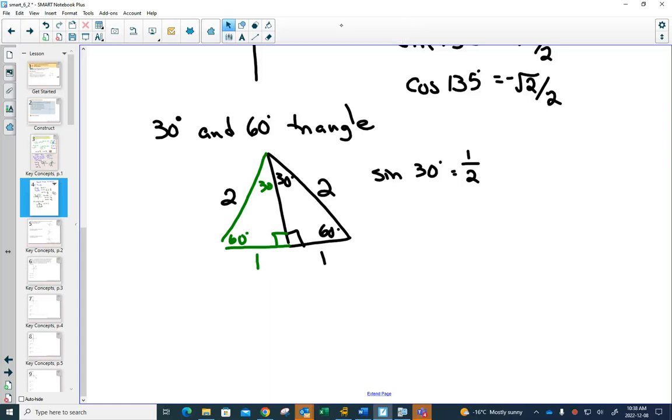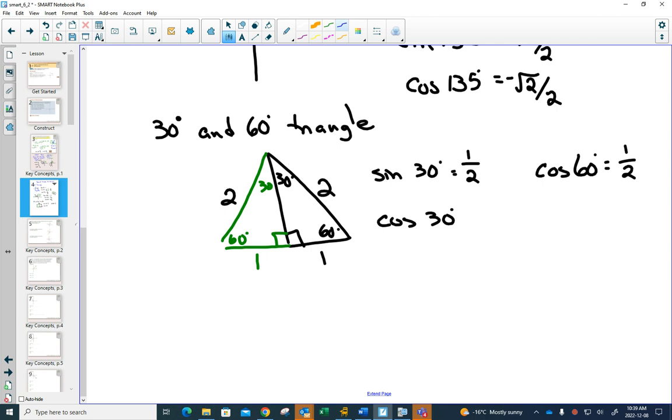Which other one could we do so far? Can you see that you could also do cos of 60? Cos of 60, adjacent over hypotenuse, would be 1/2. But if I wanted to do cos of 30 degrees, I would need this length.